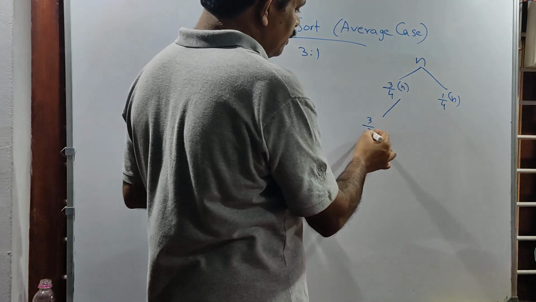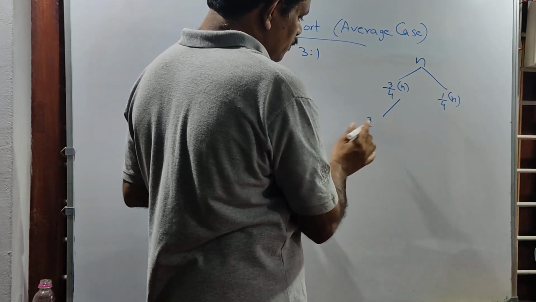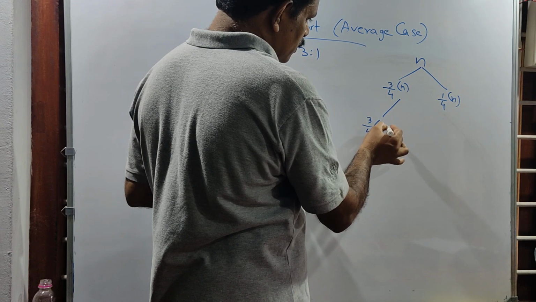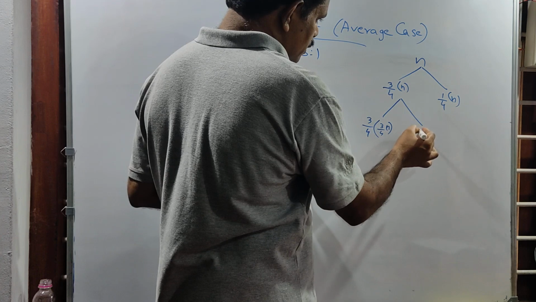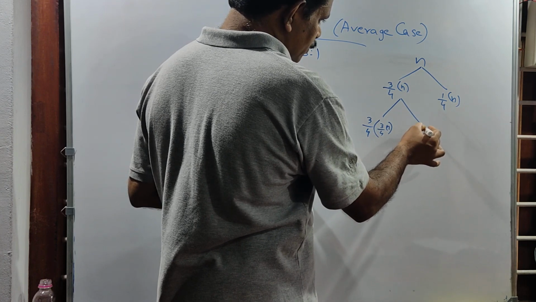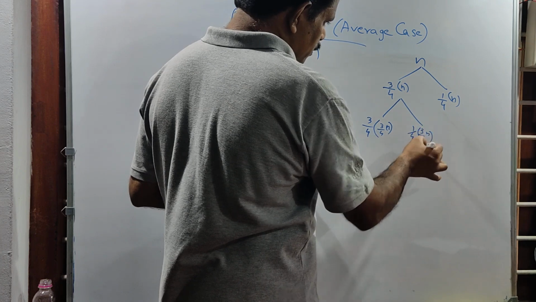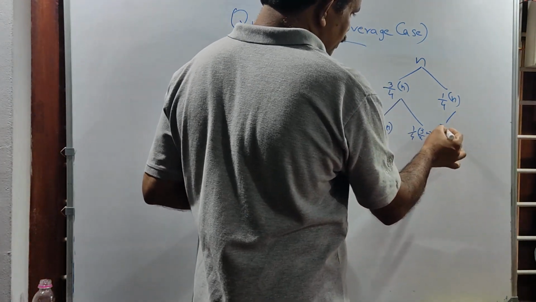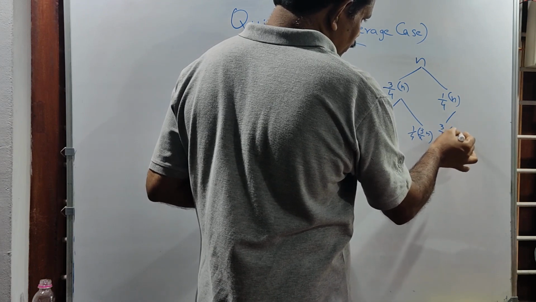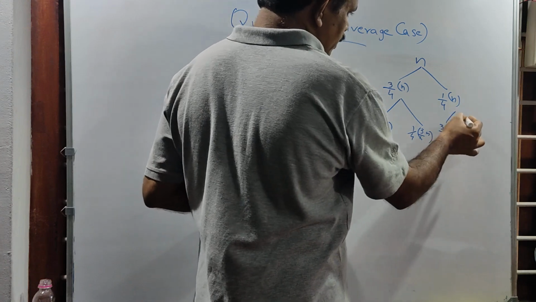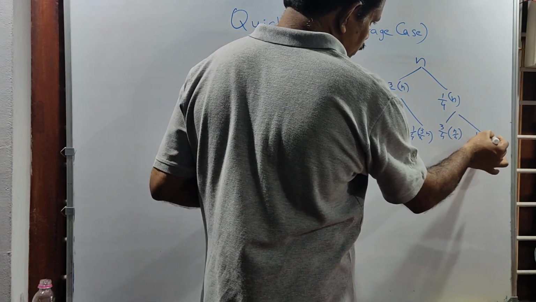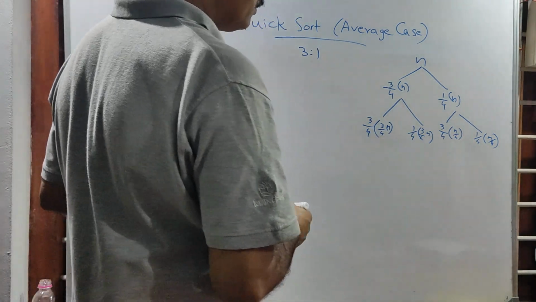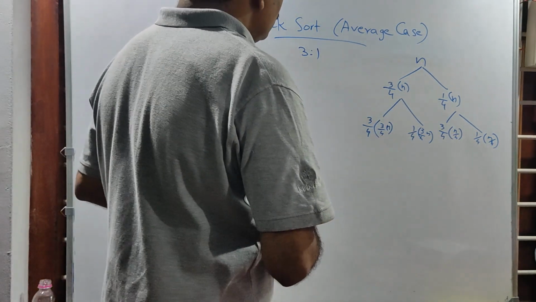It will be again divided: for the problem size 3 by 4 n, on this side it is 3 by 4 of 3 by 4, and on the other side 1 by 4th of 3 by 4. This way it will be divided again.